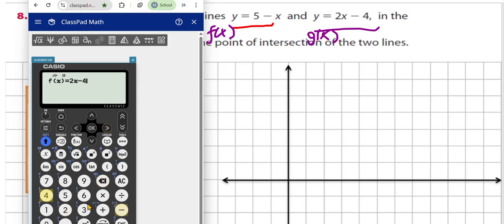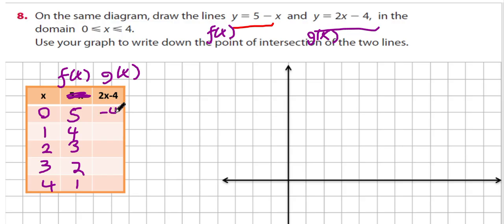Once again, I'll go home, table mode, and start at 0. There we go. So I got 0, minus 4; 1, minus 2; 2, 0; 3, what, guys? 3, 2; and 4, 4.